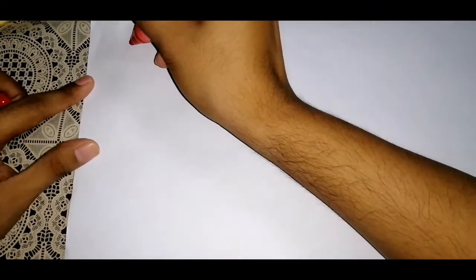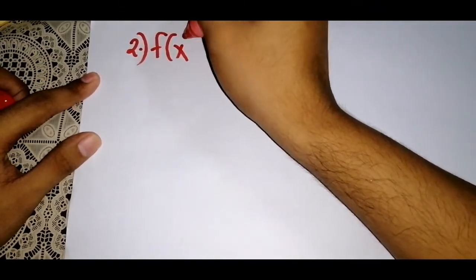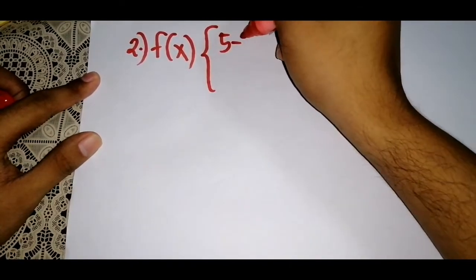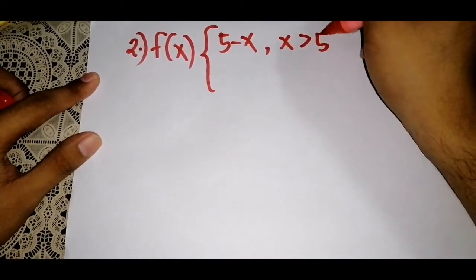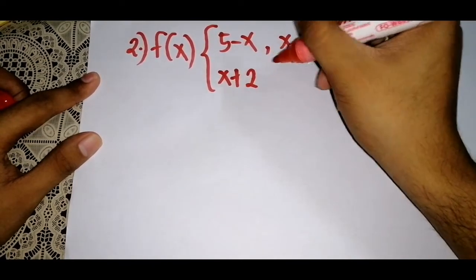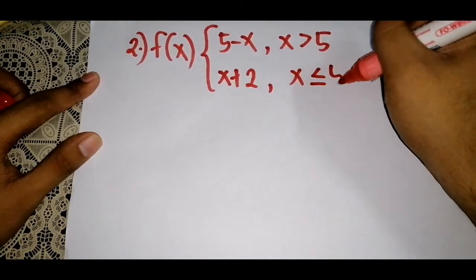Okay, number 2. Find the limit of the functions 5 minus x when x is greater than 5 and x plus 2 when x is less than or equal to 5.